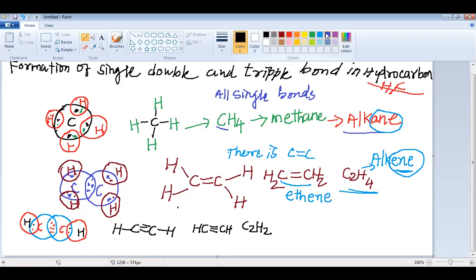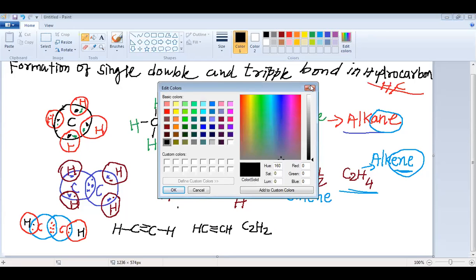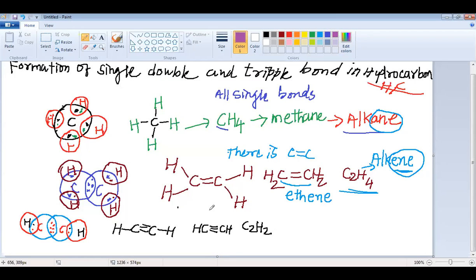You can see here that there is one triple bond. Here you can see, my dear students, that we have one triple bond with us.